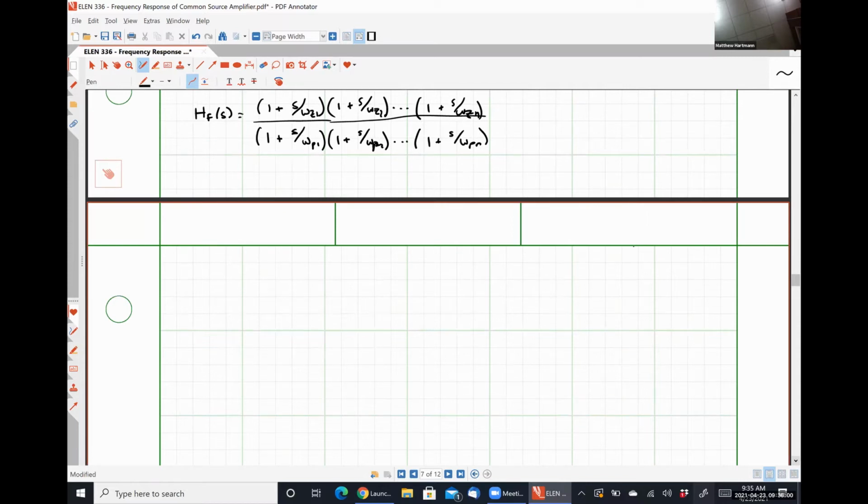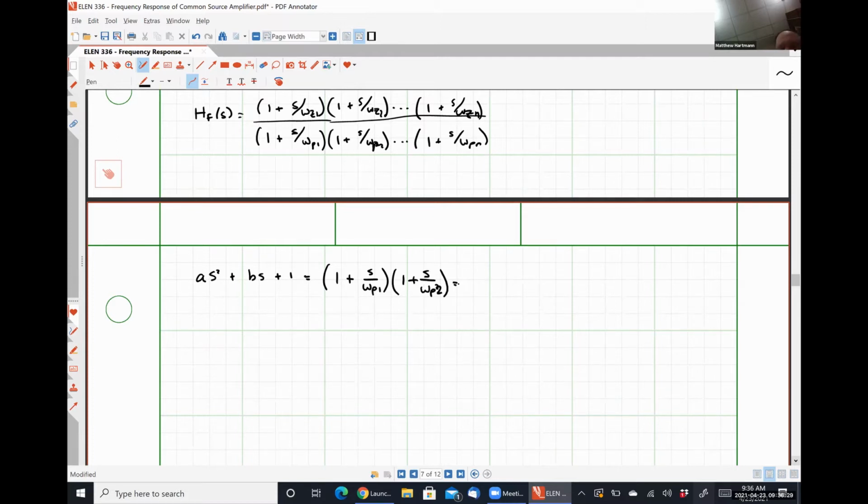So I can say that A S squared plus B S plus 1 is simply the product of 1 plus S over omega P1 times 1 plus S over omega P2.